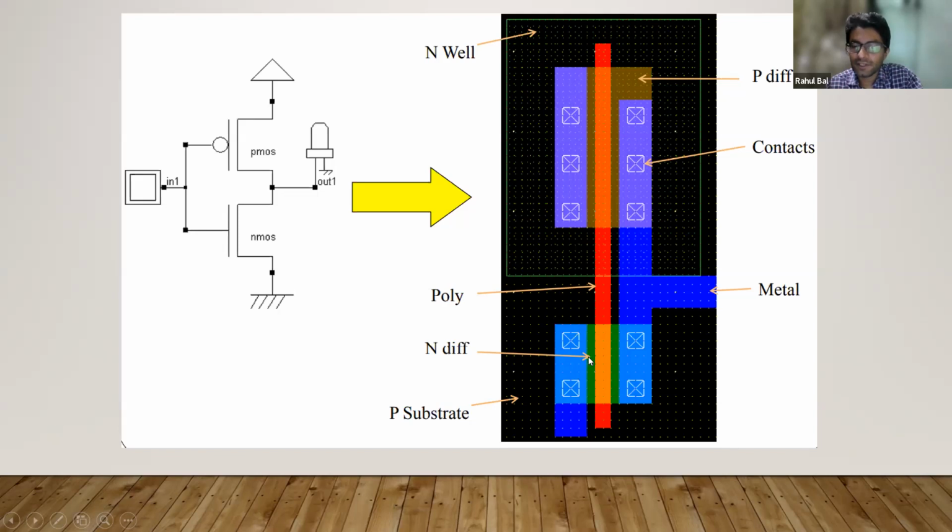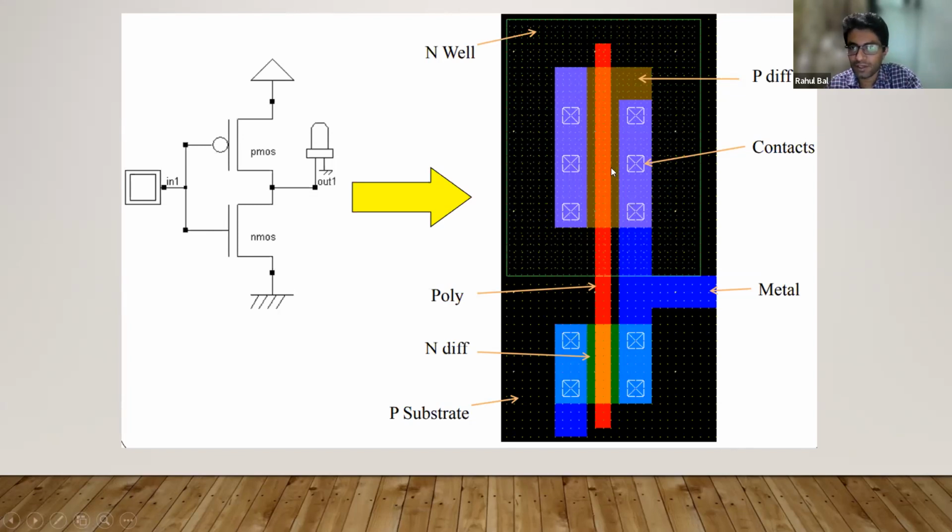Then there is a diffusion material, which is called the active region, this green color part. For PMOS, we will use P diffusion. For NMOS, we will use N diffusion. Remember the two lines we have drawn, the yellow color and the green color.